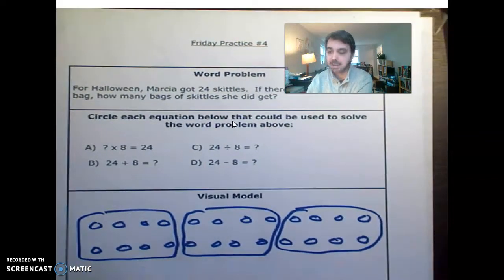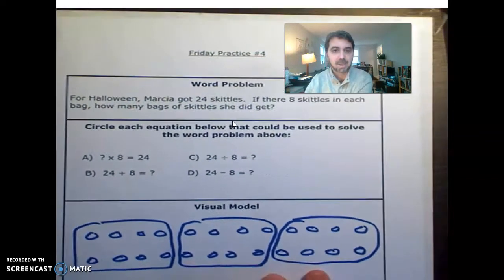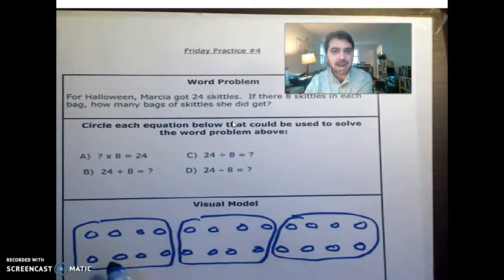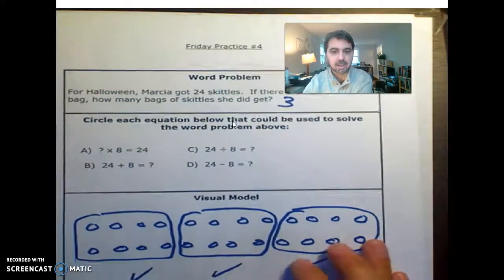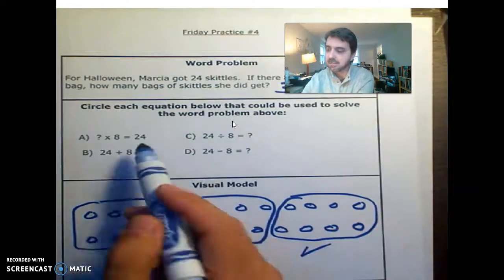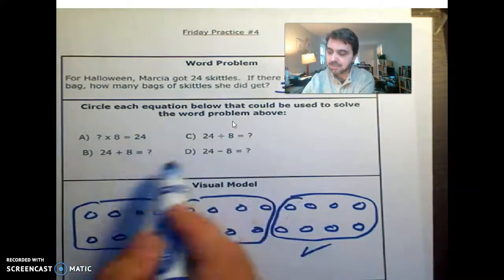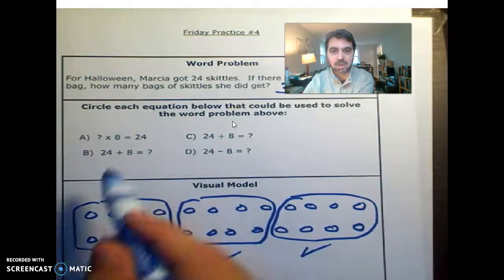Hey, that's pretty good. There's 8 Skittles in each bag. How many bags of Skittles did she get? Oh, well, she got 3. I can see that right there. 1, 2, 3. But the question is, which of these equations would represent what's going on here?